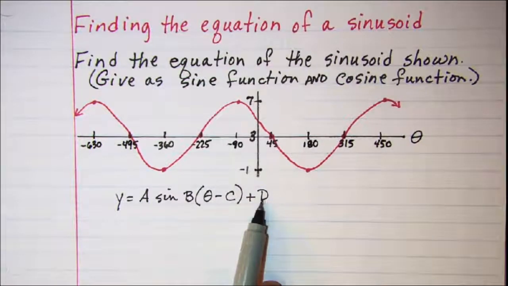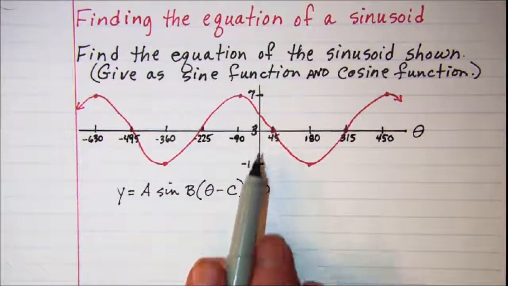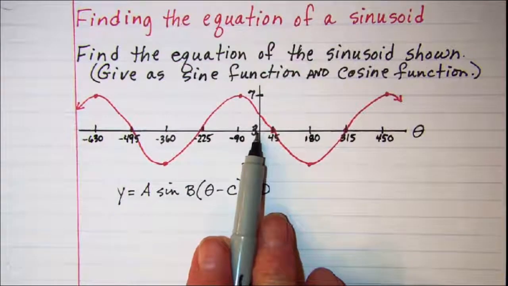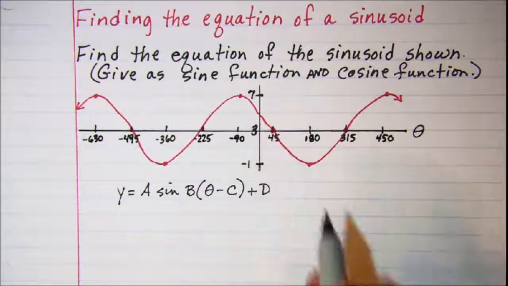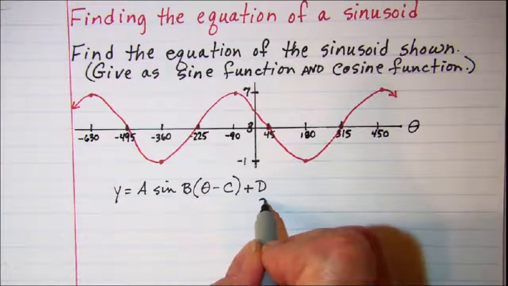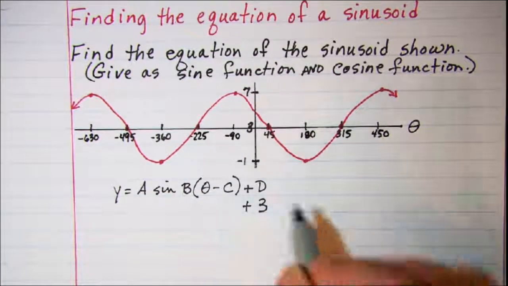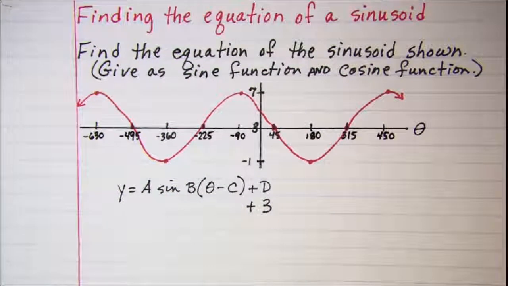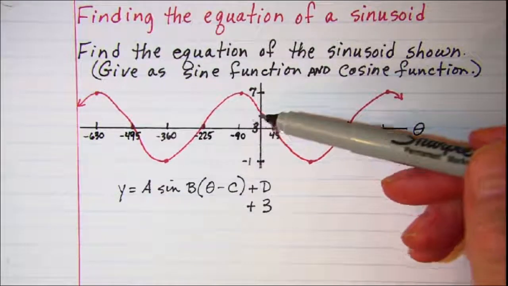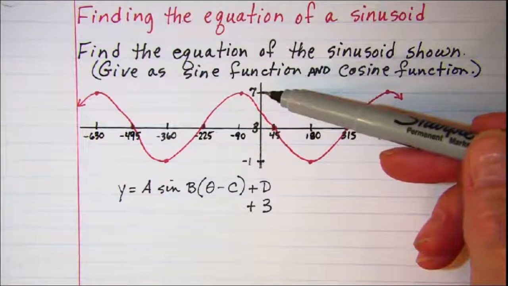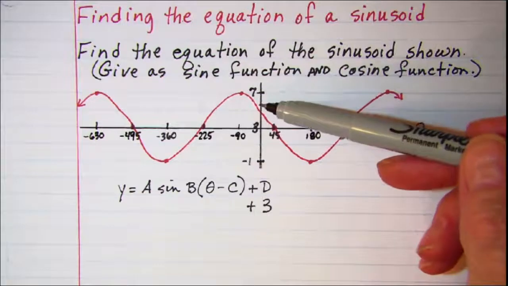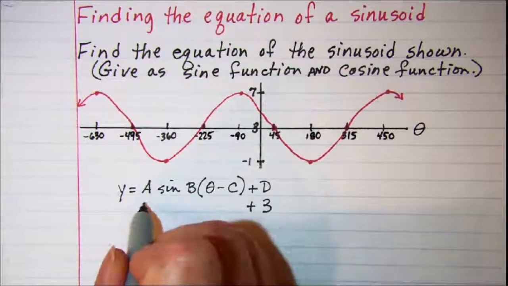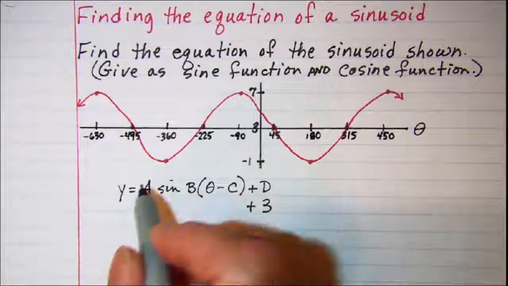Now we already said that d was our center line, and since we're moving our entire graph up 3 units, the d is going to be 3, so I'm just going to go ahead and put that there. Also, we said that our amplitude was 4, so I'm going to put my 4 here for a.